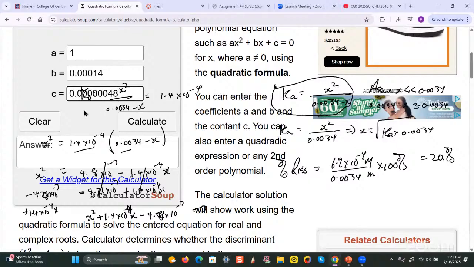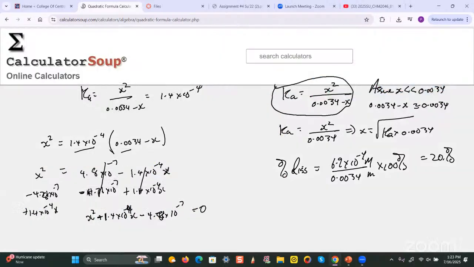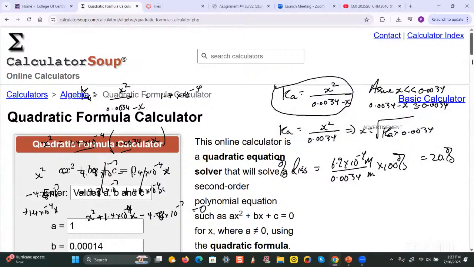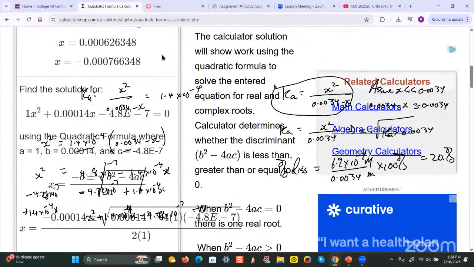Okay. Let me check just to make sure that is correct. That C value is supposed to be negative. And it should be negative, yes. And okay, so calculate. And let's see the results. The results are, okay, so these are the two values of x.